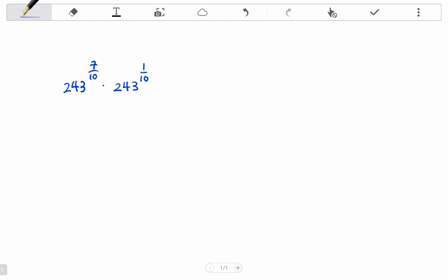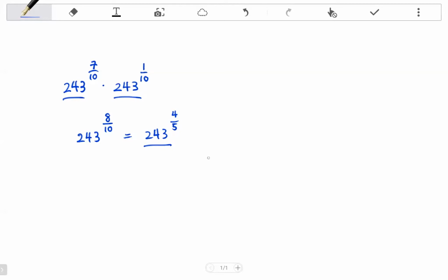Our very first step, from what I can see, is we can add the exponents, right? We have the same base, and they're multiplying together. So we can add the exponents. So it's 8/10, which is the same thing as 4/5. Okay, so how can we make this a clean number?